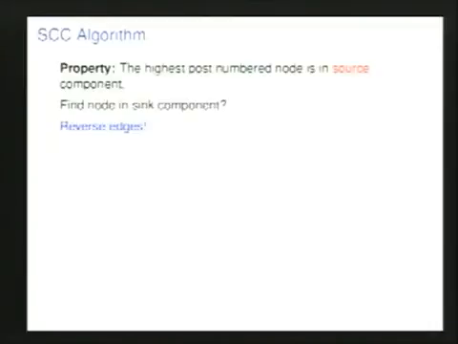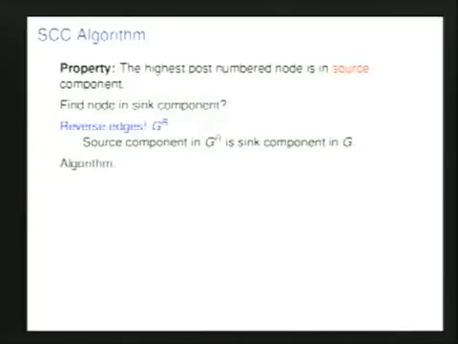You just reverse the edges in the graph, right? If you reverse all the edges, what used to be the source component is now the sink component in that new graph. We're going to call it GR. The source component in GR is the sink component in G. So now the algorithm is: run DFS on GR, the reversed graph, to compute the post-order numbers.